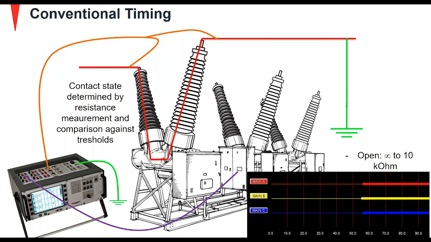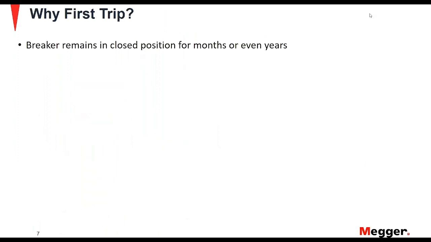Now, in this conventional method, the timing test is done after opening the breaker for the first time, which is where the first trip's importance comes in. You know, the breakers could remain in a closed position for months or even years without being opened.